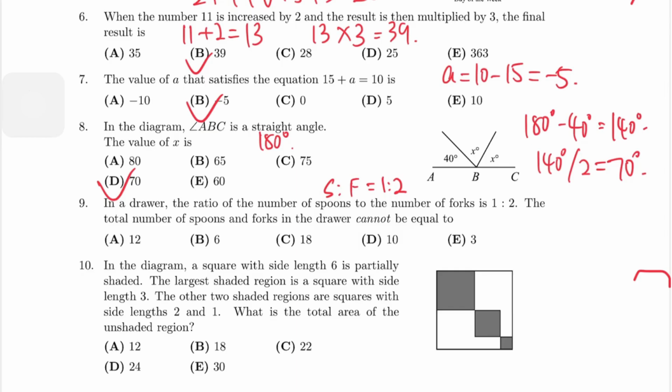So the answer should be a multiple of 3. Separate into groups of 3. In this case, 12 is divisible by 3, right? 6 is also divisible by 3, 18 is also divisible by 3, 3 is also divisible by 3, right? So the only one we can't choose is D, 10.